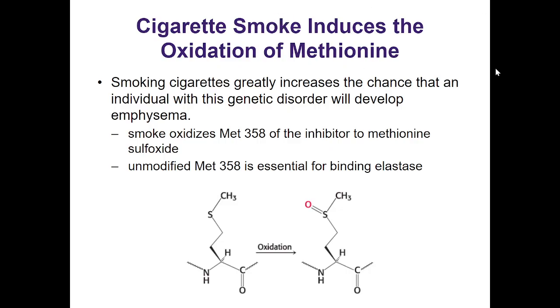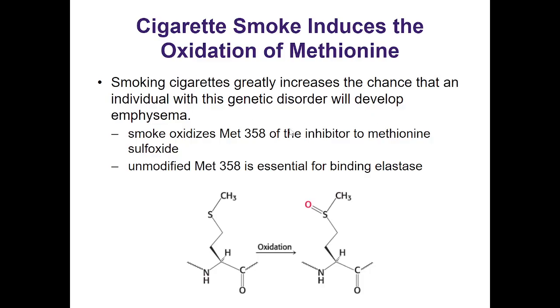Now, the cigarette smoke can actually induce the oxidation of methionine. So smoking cigarettes actually greatly increases the chance that an individual with a genetic disorder will develop emphysema. And this is why it increases the risk of whether you're going to get emphysema from smoking cigarettes, okay? Because you do have to be genetically predisposed towards this for it to happen.